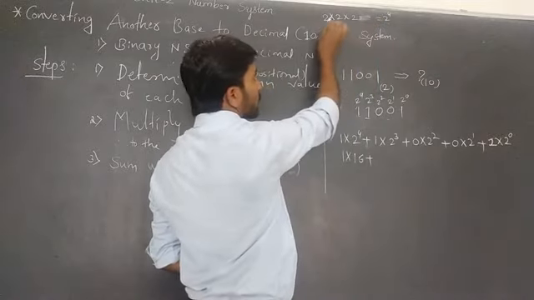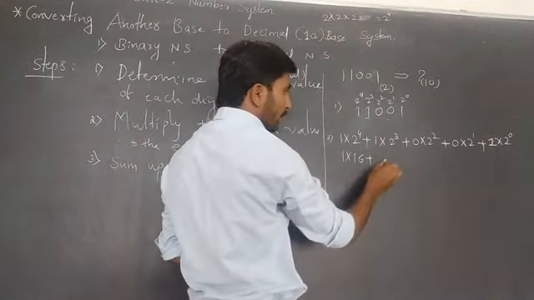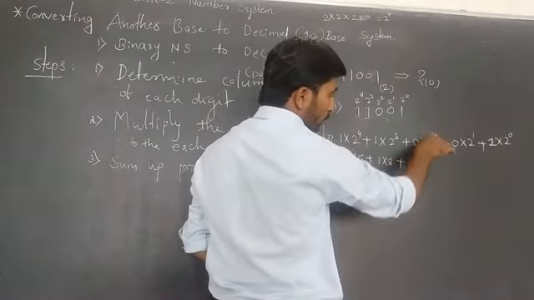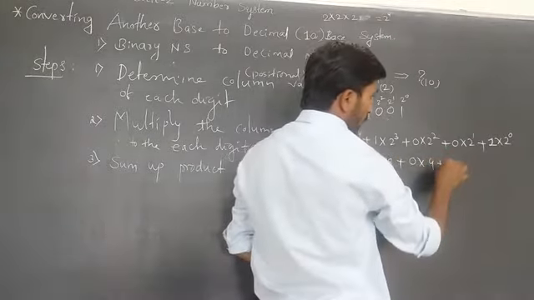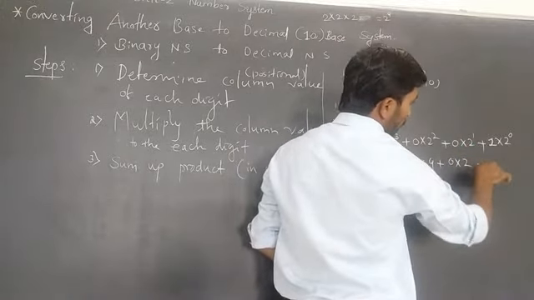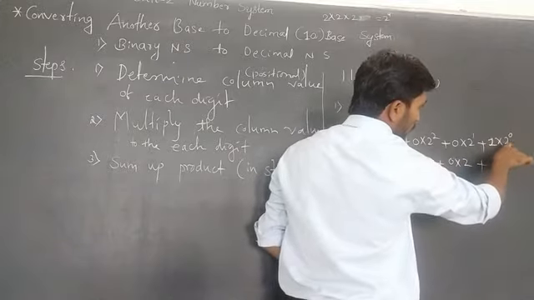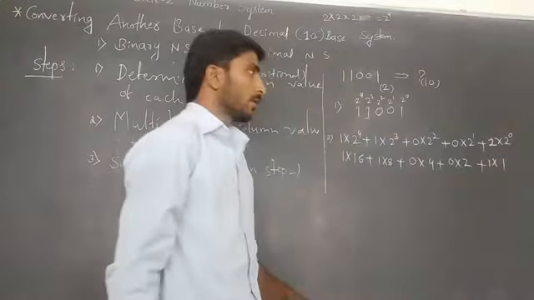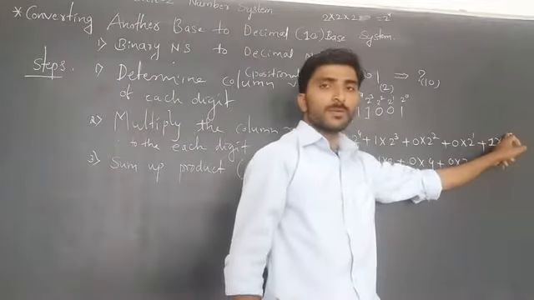3 times. 2 into 2, 4. 4 into 2, 8. That is 1 into 8 plus 2 raised to 2 is 4, plus 0 into 2 raised to 1 is 2, plus 1 into 2 raised to 0 means 1 into 2 raised to 0 is 1. Okay? 2 raised to 0 means 1.